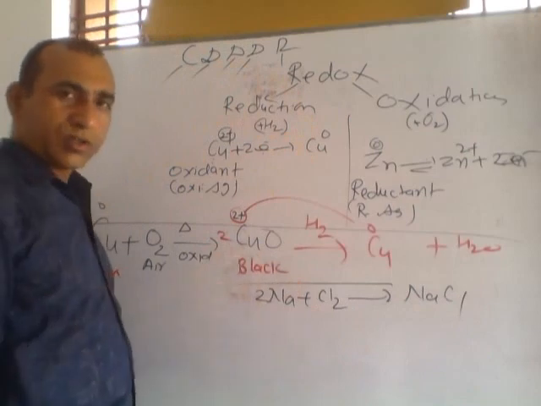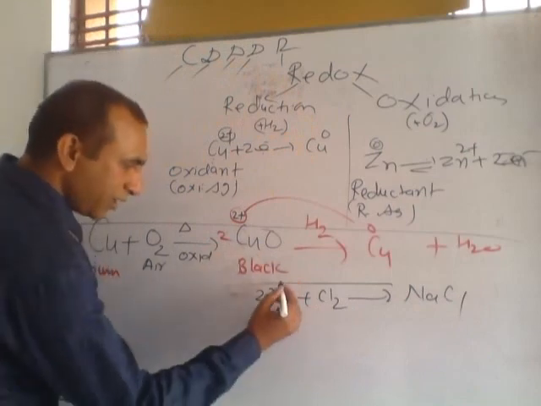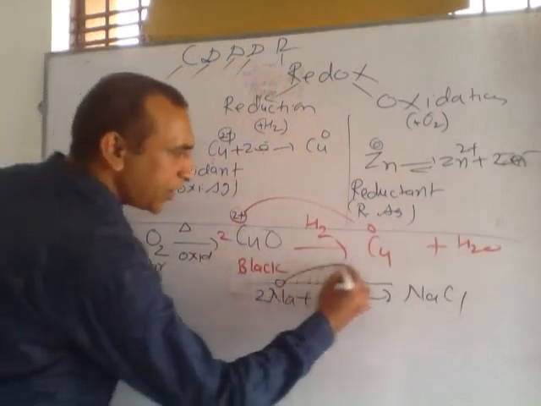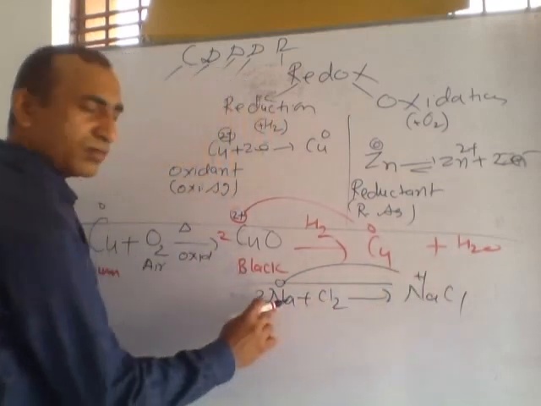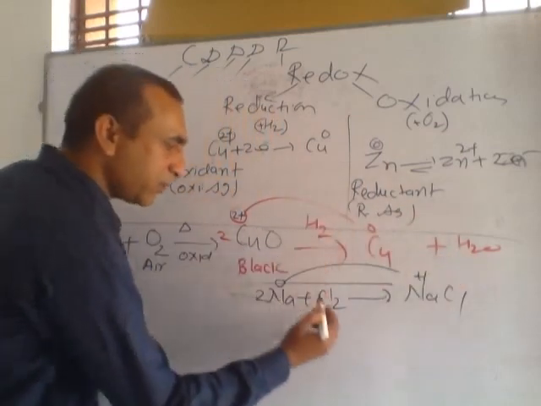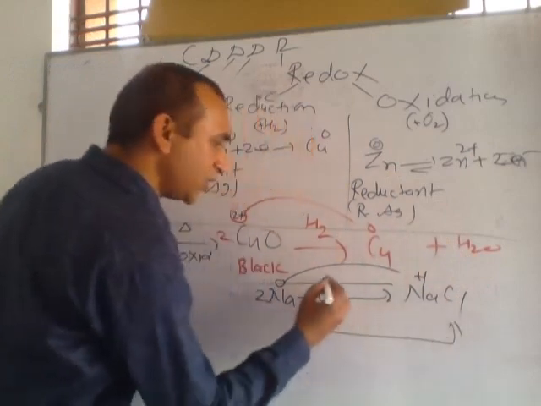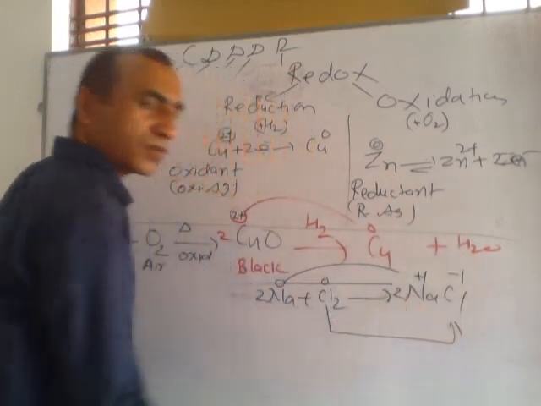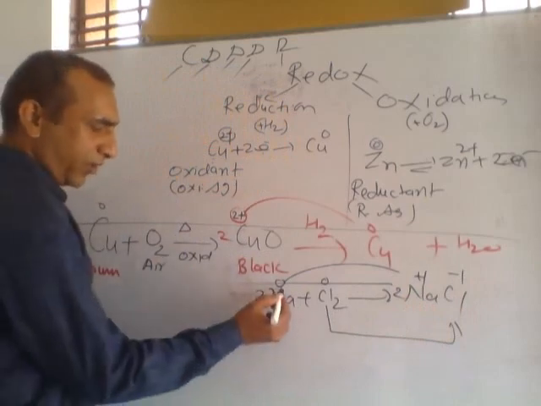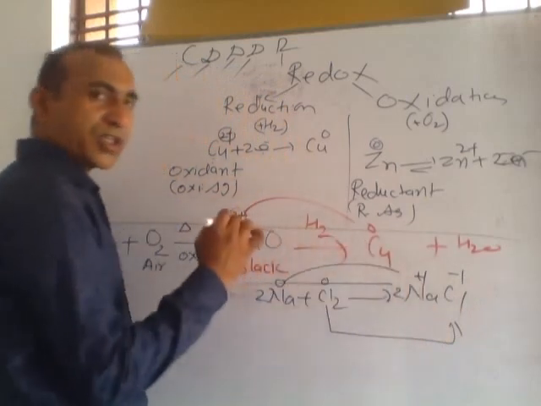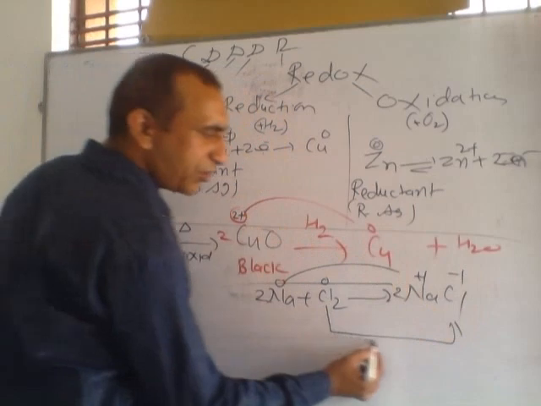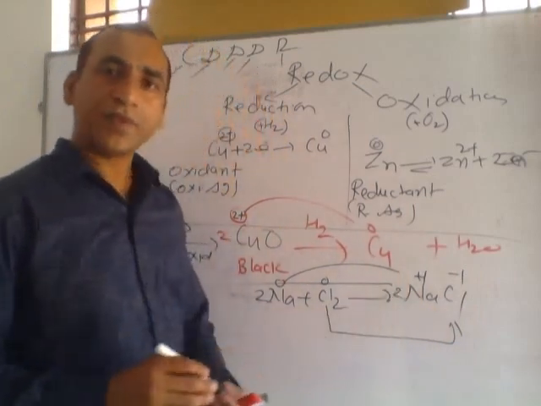This is a redox reaction. How can you say? In this reaction, the valency of sodium is increasing from 0 to plus 1, but the oxidation state of chlorine is reducing. It is from 0 to minus 1. So if the oxidation state is increasing, oxidation takes place. If the oxidation state is reducing, reduction takes place. Simple.